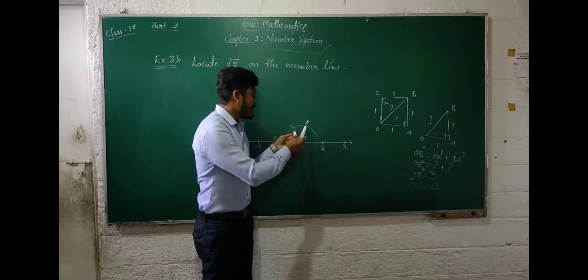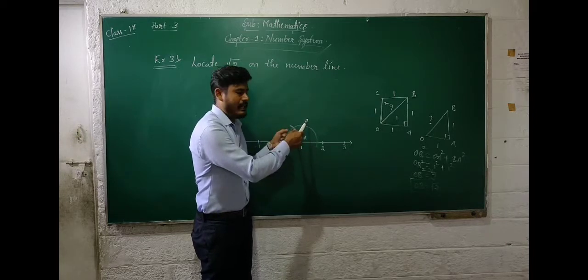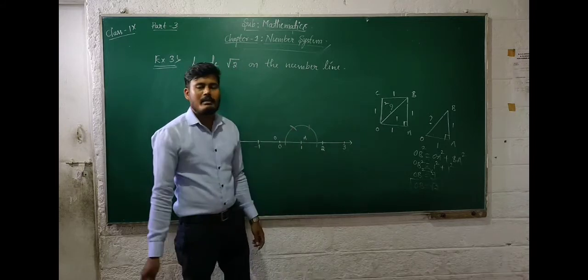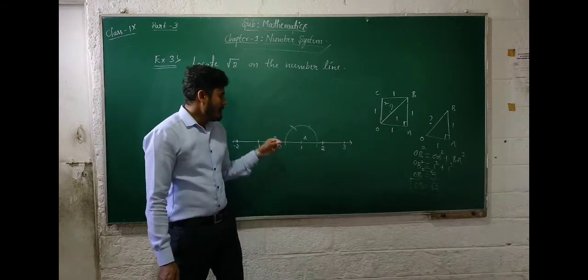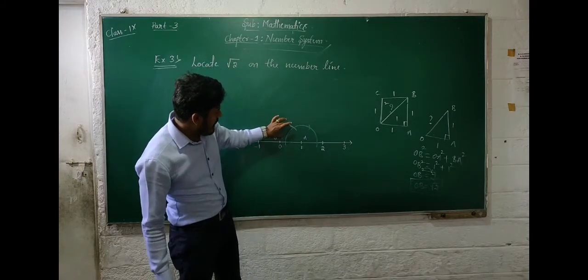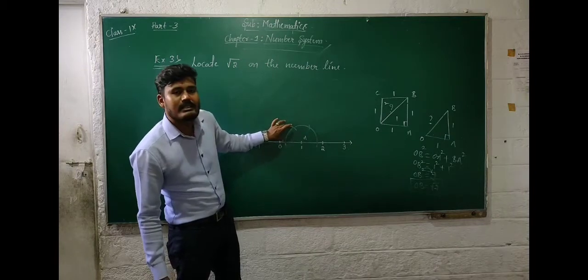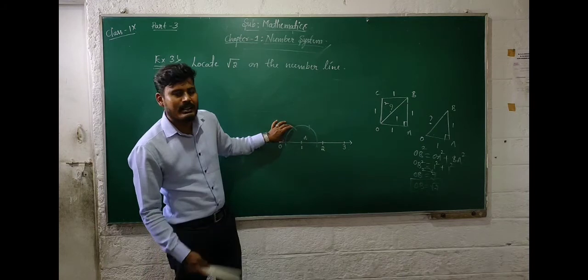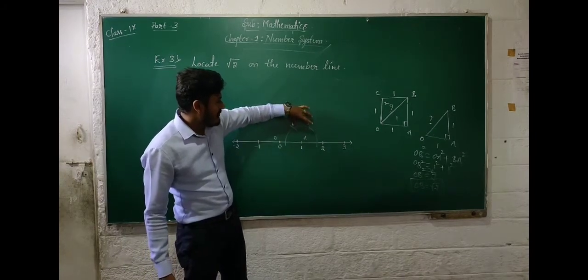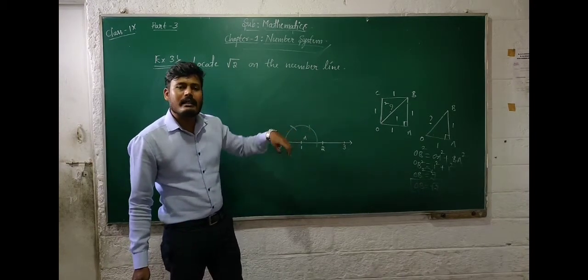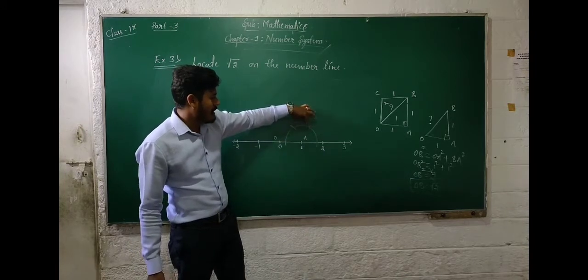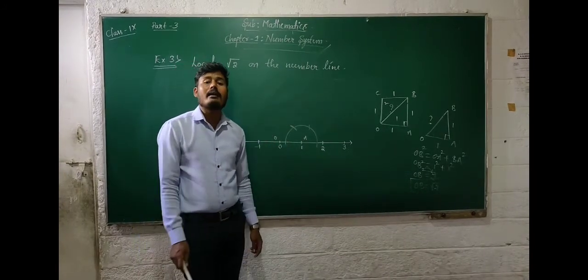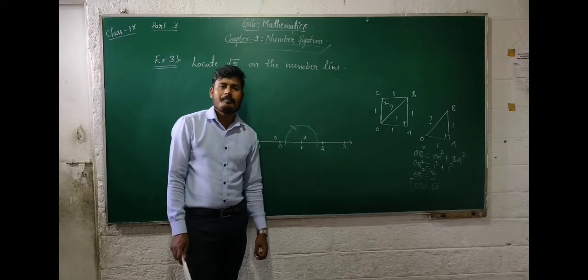Then with that point as center, without changing its radius, draw another arc on the semicircle. We know that the angle between these 2 points is equal to 60 degrees, because you already know the reason for this. And the angle between the next 2 points is also 60 degrees. So 60 plus 60, from this point to this point, the angle measures 120 degrees.